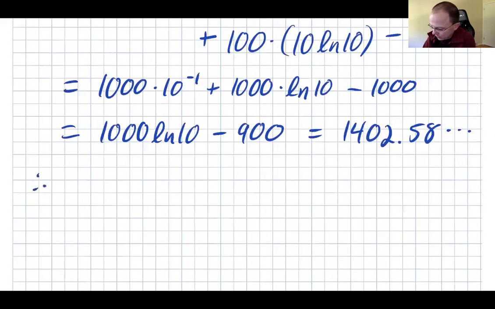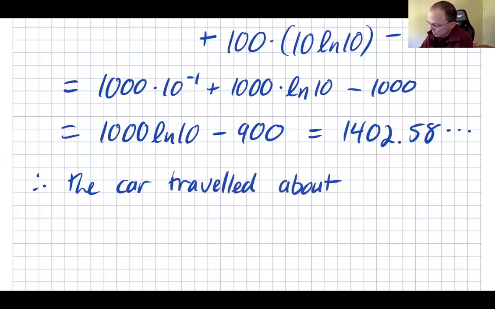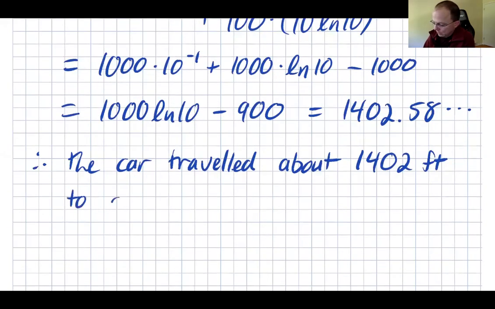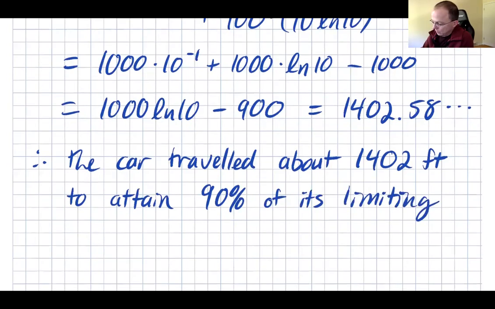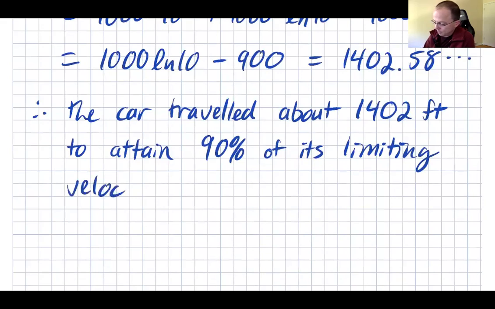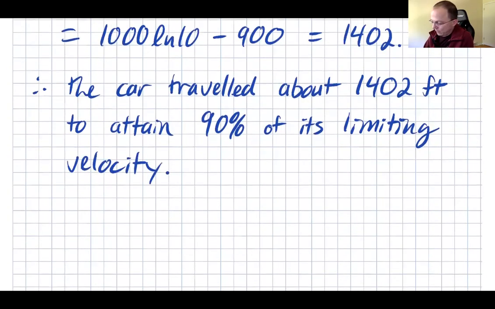So therefore, the car traveled about 1,402 feet to attain 90% of its limiting velocity. And there we have it. Okay, great.